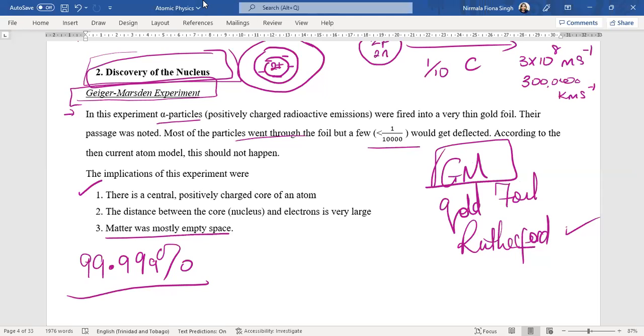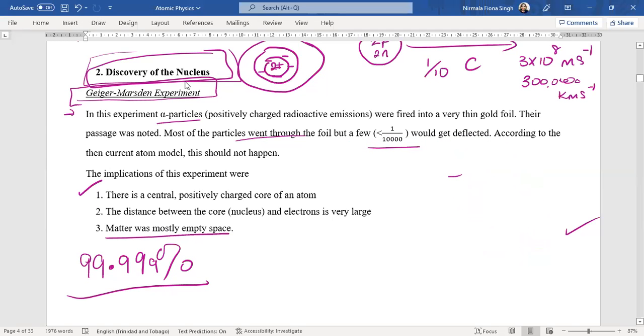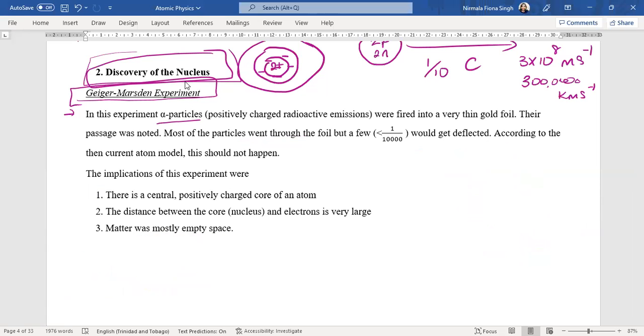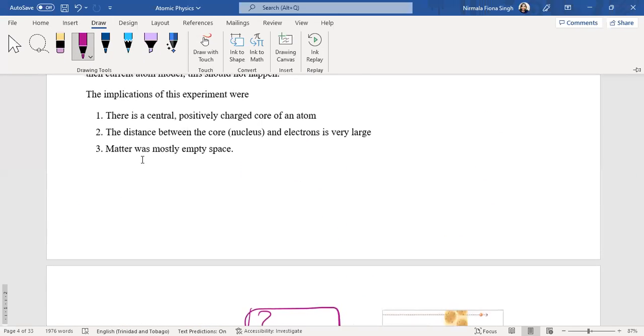What did they do in this experiment? They fired alpha particles into a very thin gold foil. They noted the passage of these particles, and the particles that got deflected meant something about the atom. You all have to be able to recall these in the exam. What are the implications of the gold foil experiment?